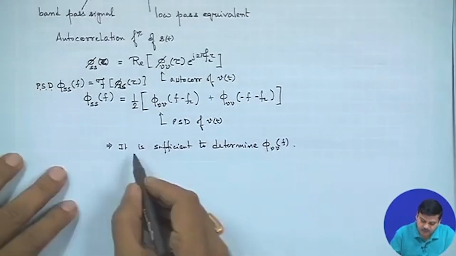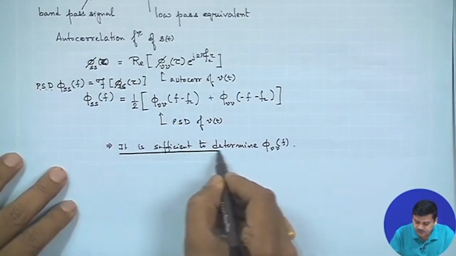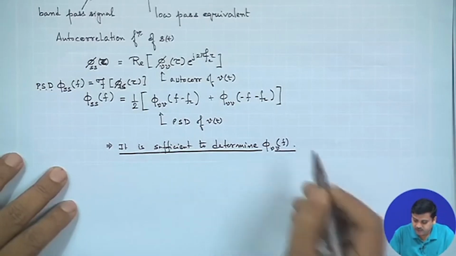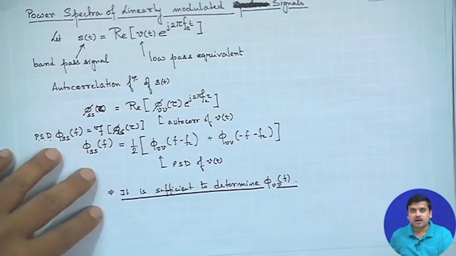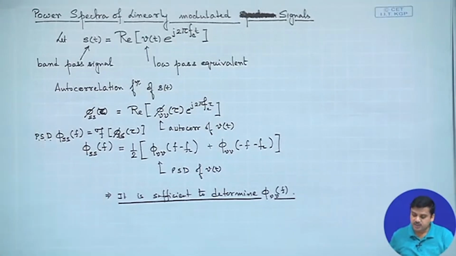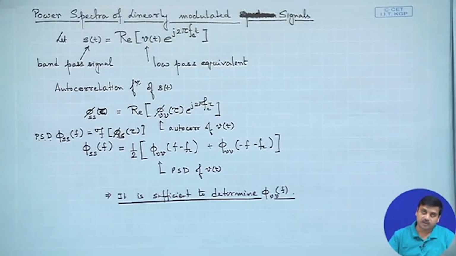That is what is stated in this line. It is sufficient to determine phi VV of f, and these are not new to us. We have been using this since the time we have discussed the power spectral density of narrowband stochastic process.